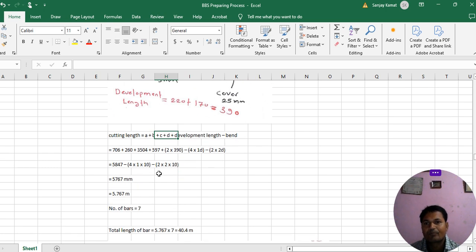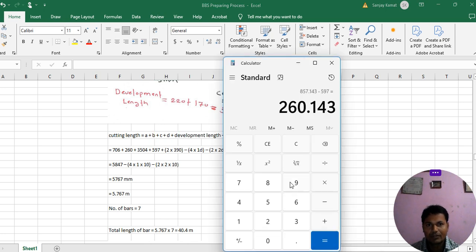After solving this, you get 5767 mm. If we convert this mm into meters, how much will it be? It will be 5.767. To convert this, what you have to do? Clear first.